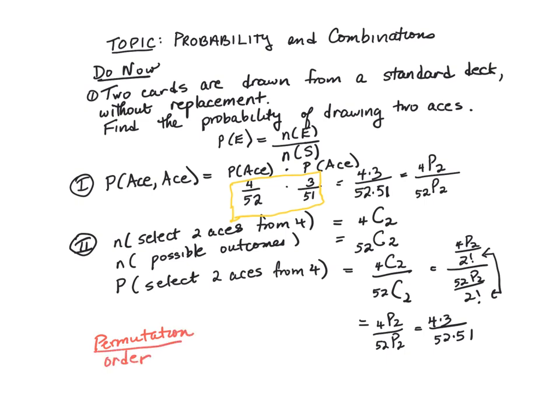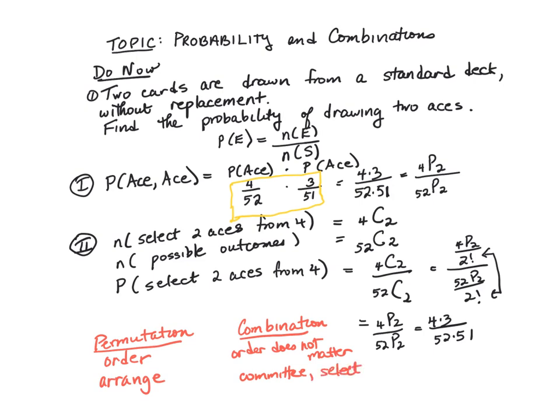There's order, and a good word is arrange. Whereas combination, we'll look at it when order doesn't matter, and the words to look for are committees or select.